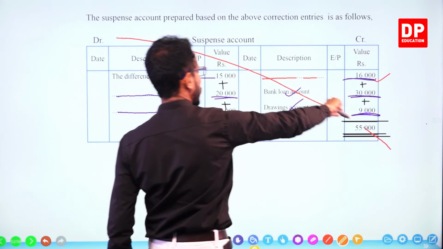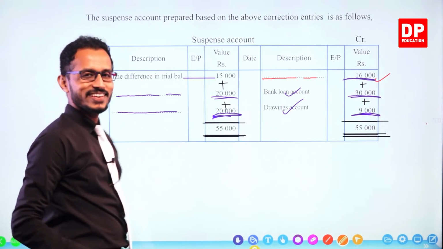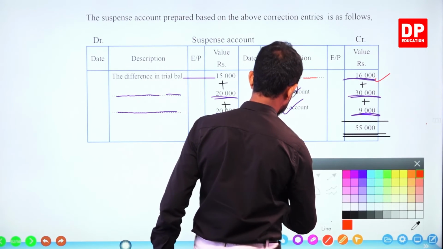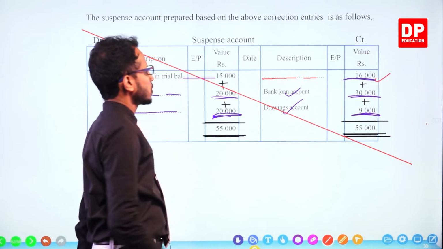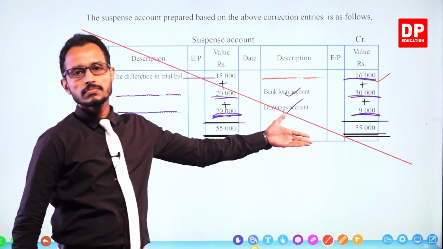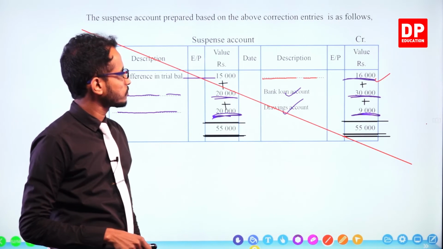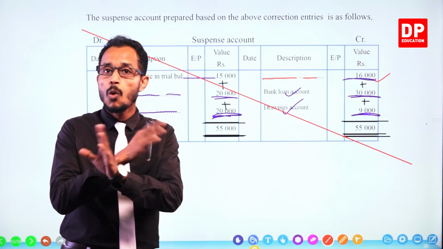I'm trying to cut it off, because the suspense account is cancelled off. That's the way to do it. Cut off, because it got cancelled off.